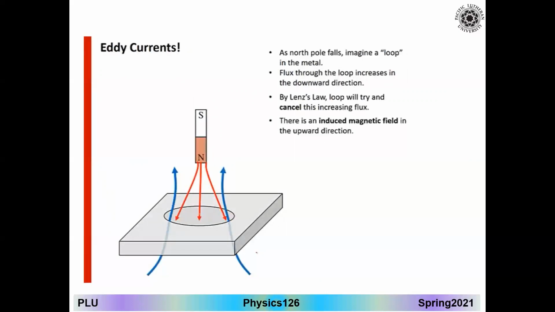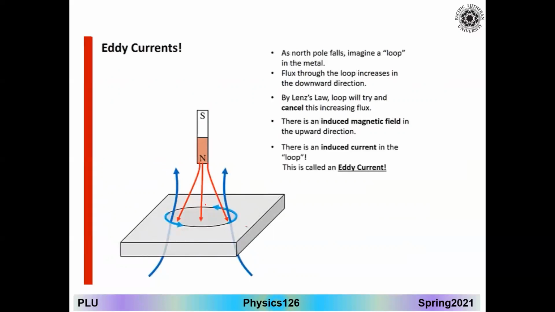The flux is increasing in that case, so we're going to produce an induced magnetic field. That induced magnetic field will point up to resist the increasing magnetic field that comes from the rod. And once the induced magnetic field is generated, the induced current will be generated as well.